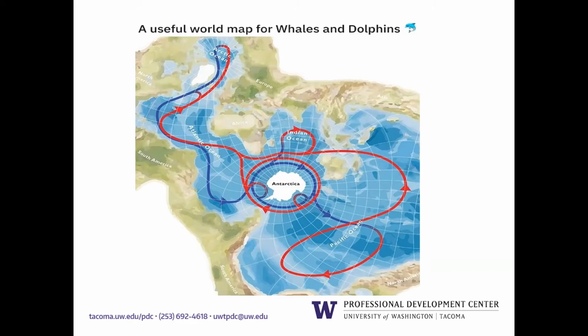Now, if we wanted to add more information to this, which many spaghetti diagrams have, then you could throw in what time of year they're in what locations typically. There's many different types of whales. Where are they typically at what time of year? Or you could even throw in, where are they calving? Where are they eating? What do they eat?